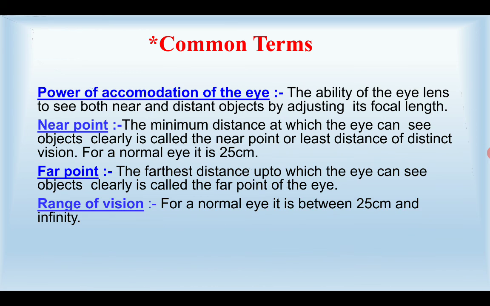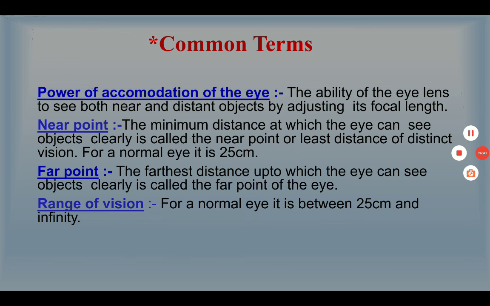And the last one is the range of vision. For a normal eye, the range of vision is from the near point to the far point, that is from 25 centimeter to infinity. In next classes, we'll discuss the defects of eyes, various kinds of defects of the human eye.